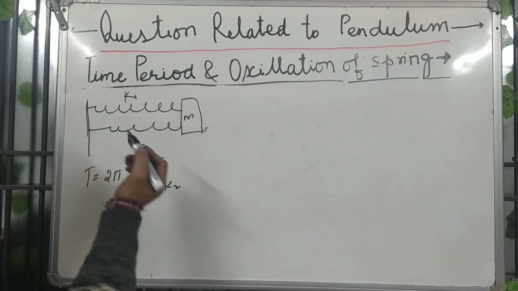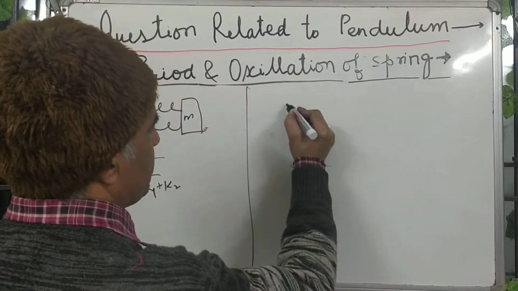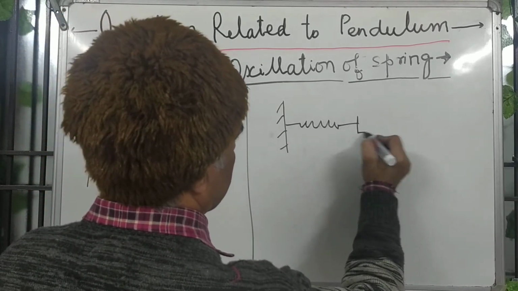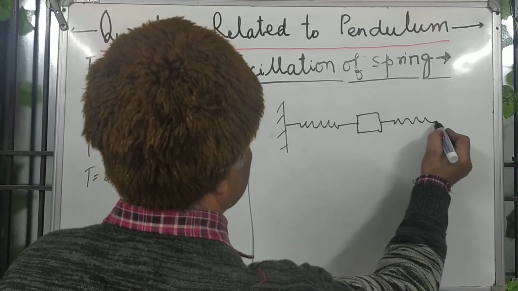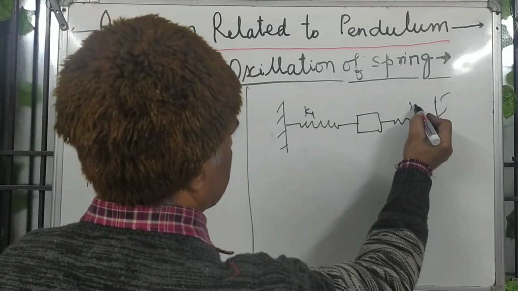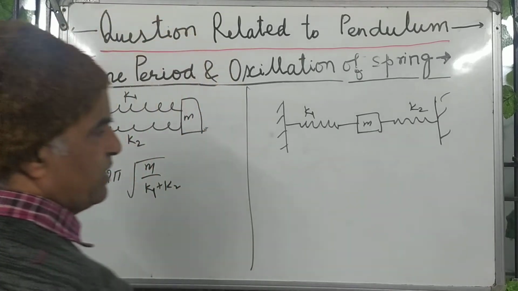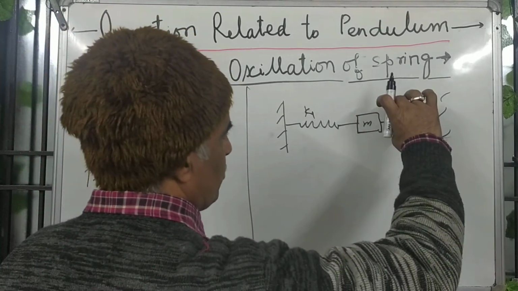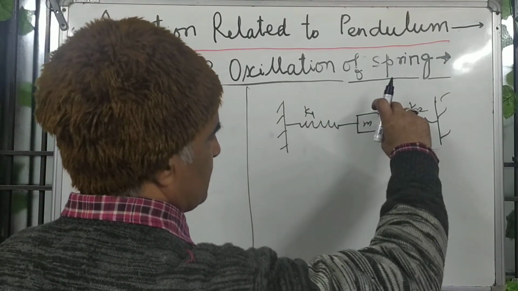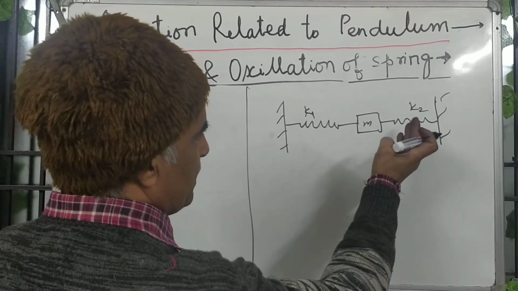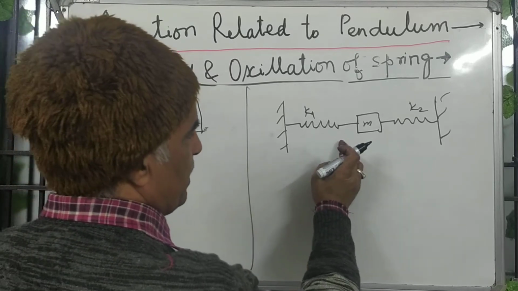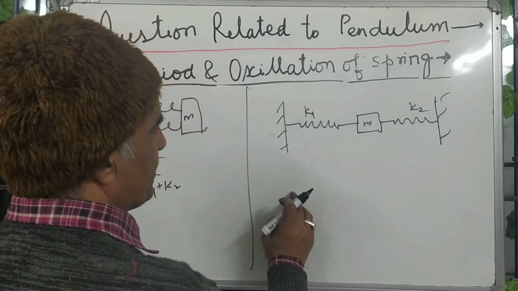If the design is changed, second question: if the design is like this, a spring, a mass, and another spring, with spring constants k1 and k2 and mass m. Now this mass is slightly displaced along this direction and released. There will be compression in this spring and extension in this spring, and due to this it will start oscillating.